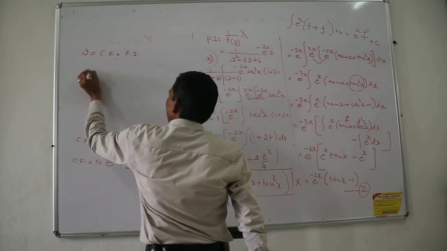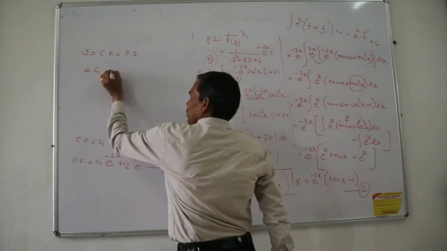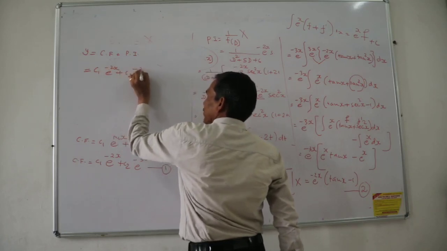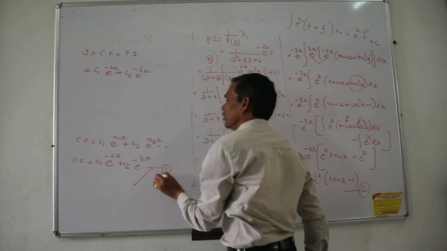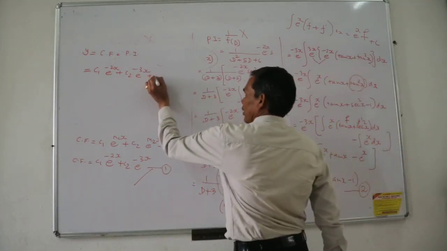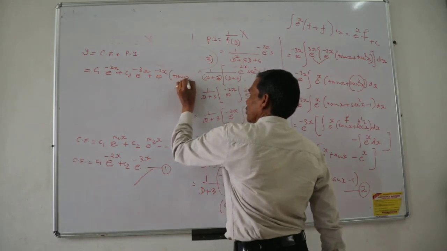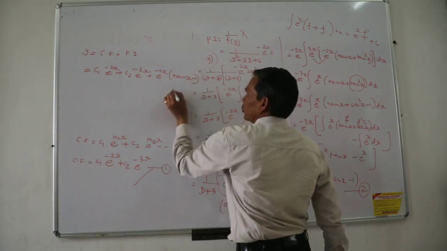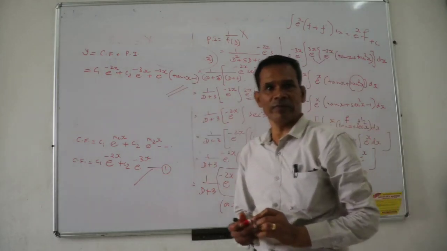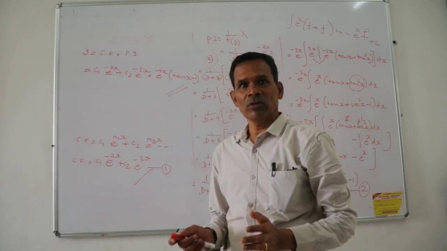So this would be c1 e raised to minus 2x plus c2 e raised to minus 3x, and the second part is e raised to minus 2x into tan x minus 1. So this is the required solution of this differential equation.